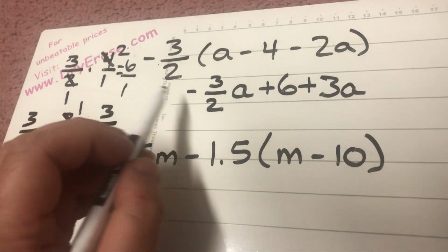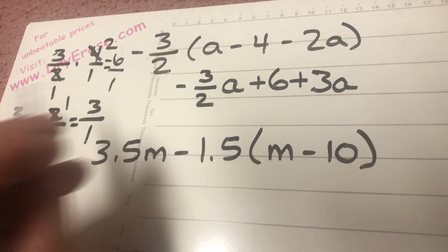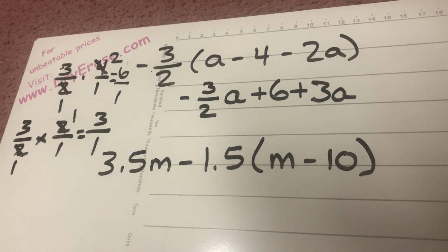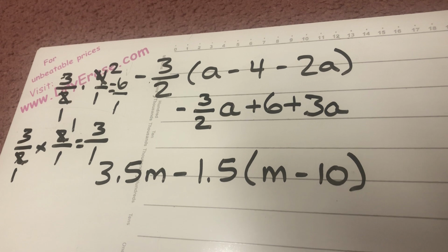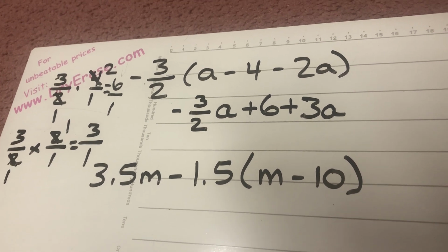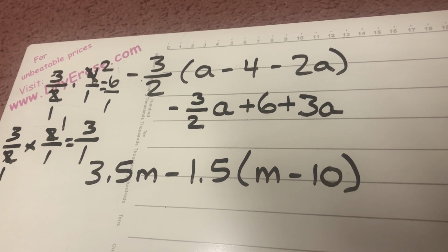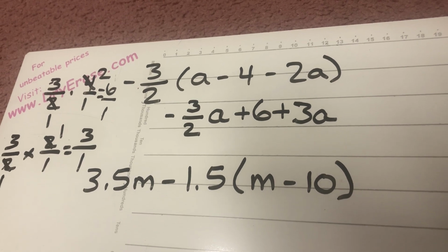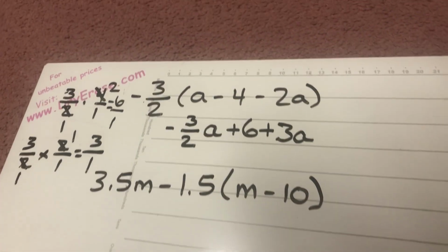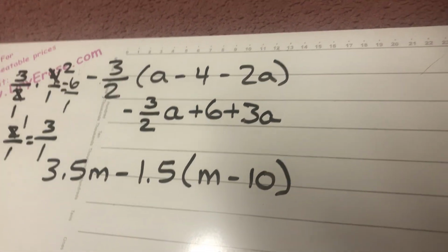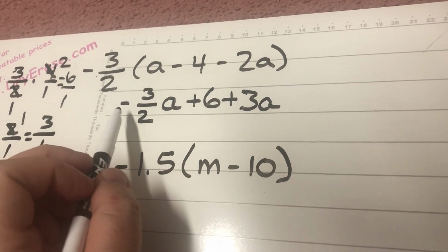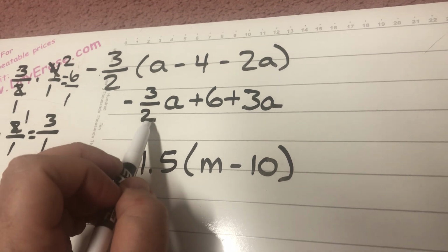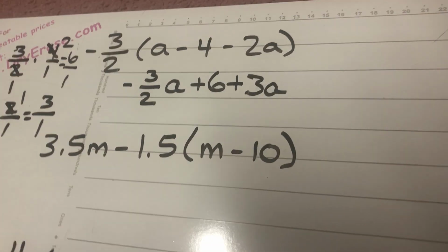Now, if I want to think about negative 3 over 2, I may want to consider turning that into a mixed number, but I'm not going to do that yet because I'm just going to simplify it and see what happens with the numbers that I have. So I'm looking at like terms and I'm seeing negative 3 over 2 plus 3a.